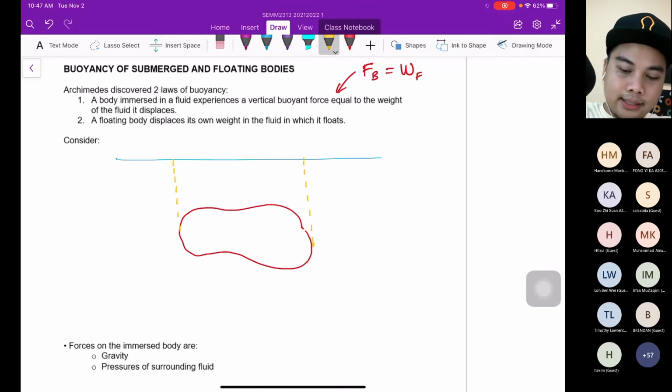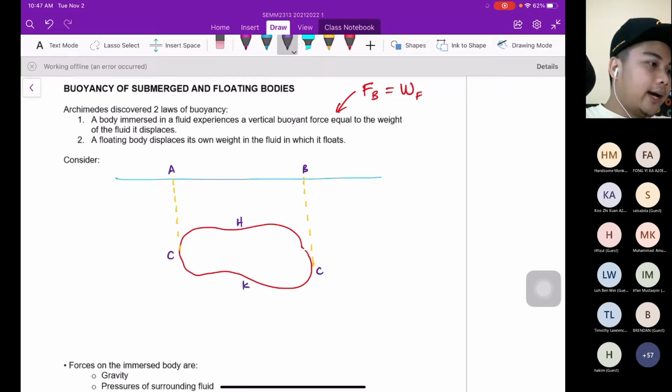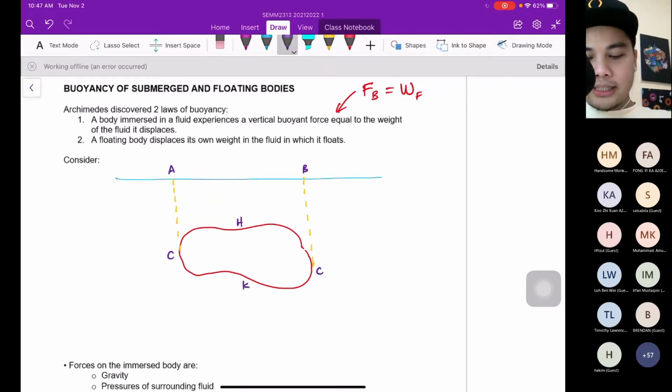This is A, this is B, this is C, this is D, this is H, and this is K. Definitely this body has weight.